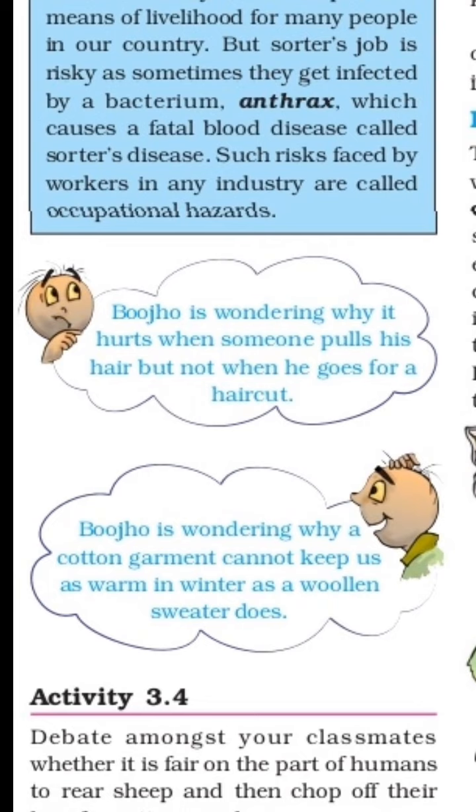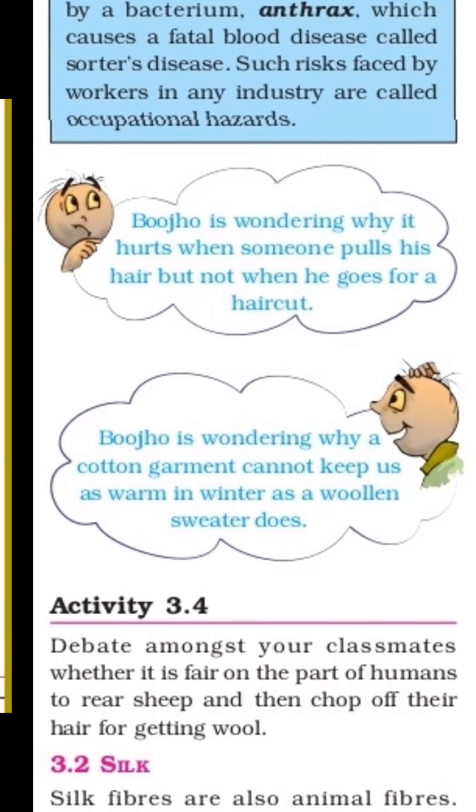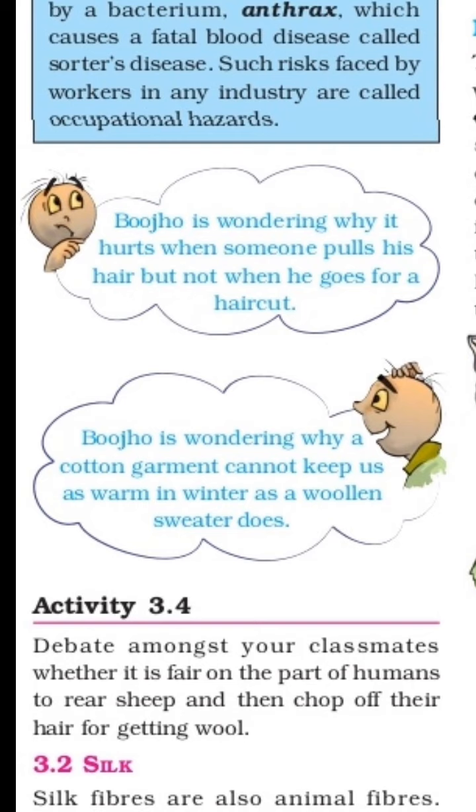Here one activity was mentioned: debate amongst your classmates whether it is fair on the part of humans to rear sheep and then chop off their hair to get wool. One debate is mentioned.